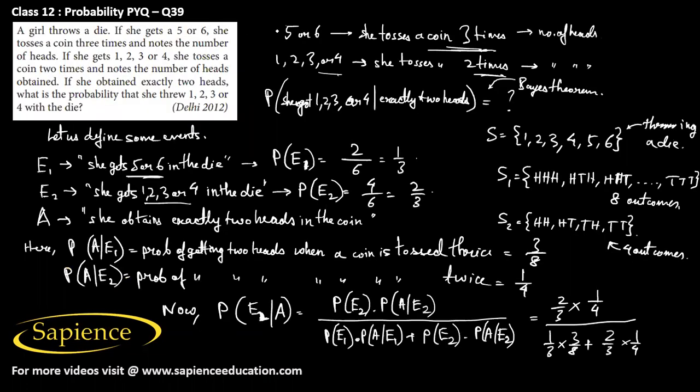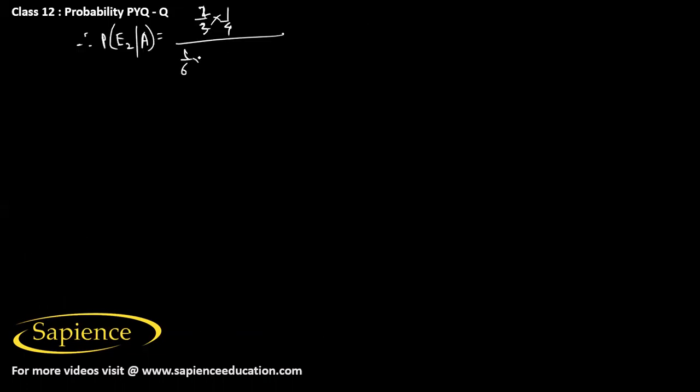So therefore, P of E2 given A is 2 by 3 into 1 by 4 divided by 1 by 6 into 3 by 8 plus 2 by 3 into 1 by 4.